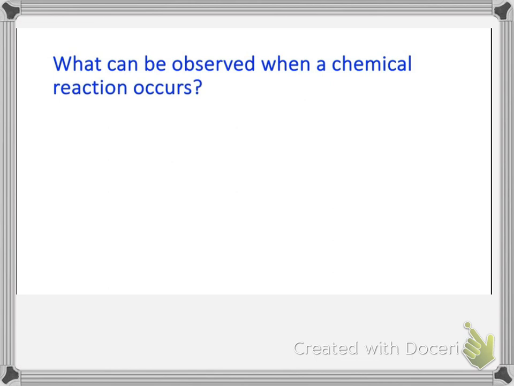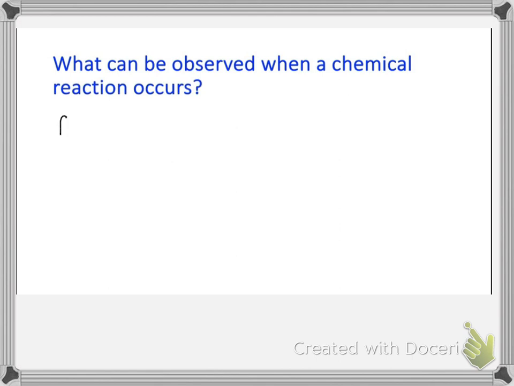Now, practically, we're going to be in lab mixing several reactants, and then we want to be able to make observations that would indicate to us that a reaction had occurred. So the first one on the previous slide was the formation of a solid.